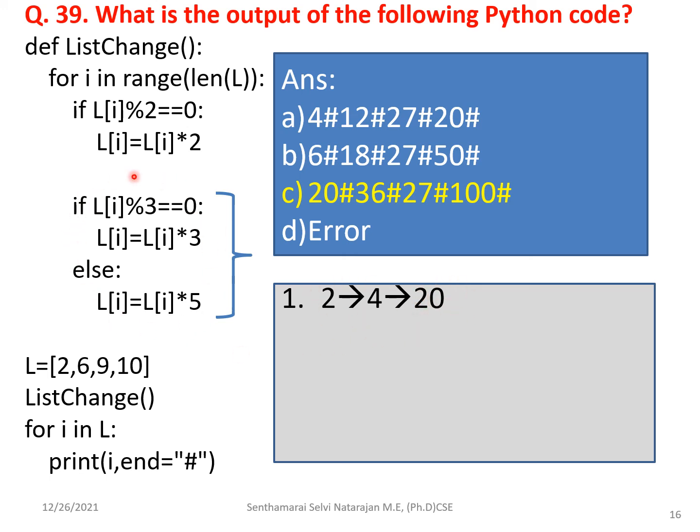This is the part where the students get confused. They will be checking and they will be taking the value as 4. They will not move to this if part because since it is divided and you are getting 0, they will be skipping and the wrong option A will be taken. So this is not the case.